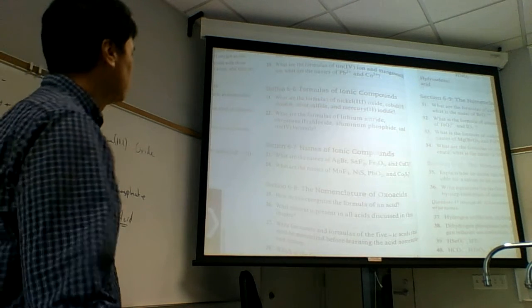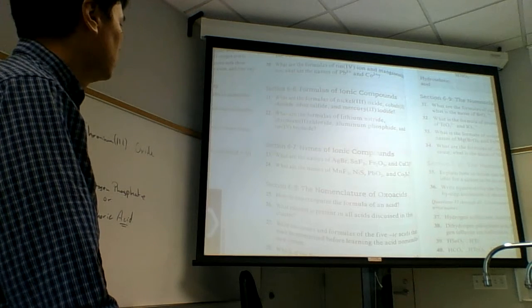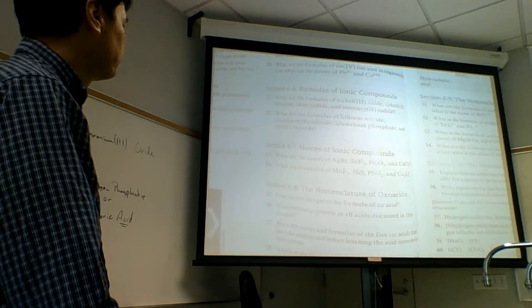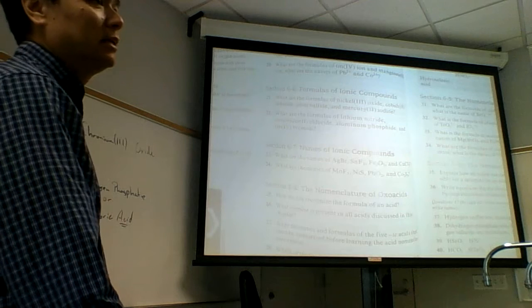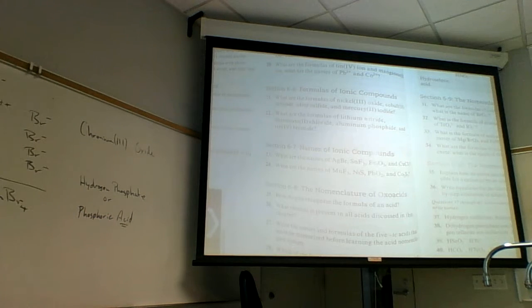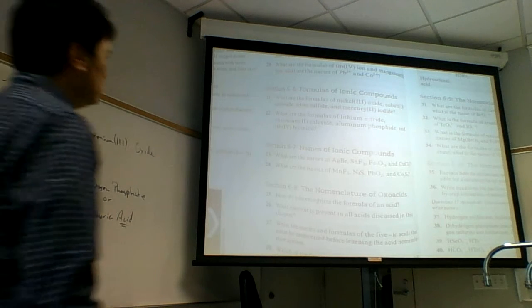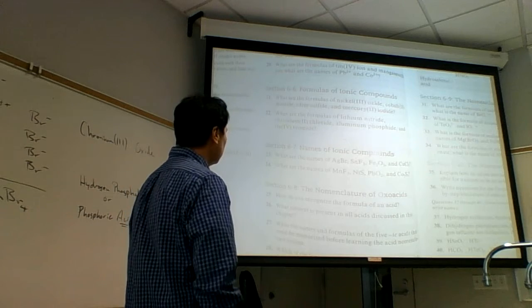Tin 4 bromide. Tin is on the border, close to the border. So sometimes people will call that tin tetrabromide. All right, let's go on to number 24.